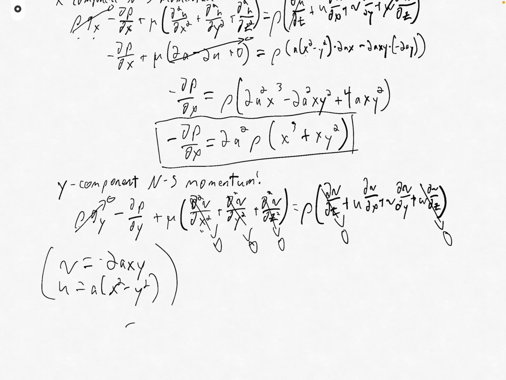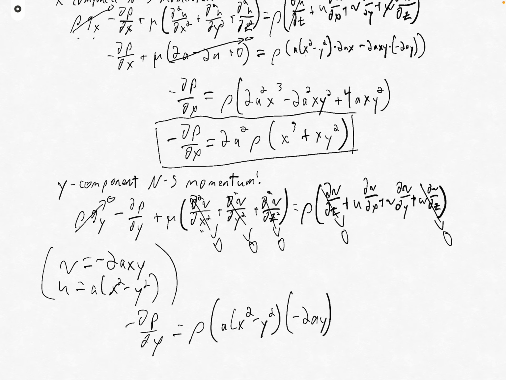And so now we have minus dp dy is equal to rho times u dv dx. So this is a times x squared minus y squared. dv dx is just going to be minus 2ay plus v dv dy. So v is minus 2axy, and dv dy is just minus 2ax.